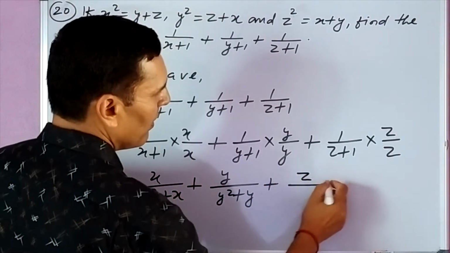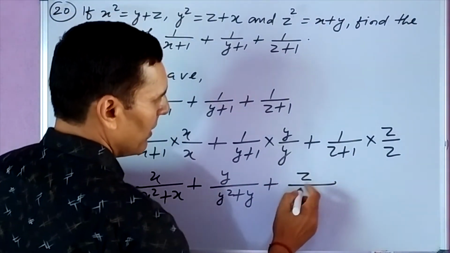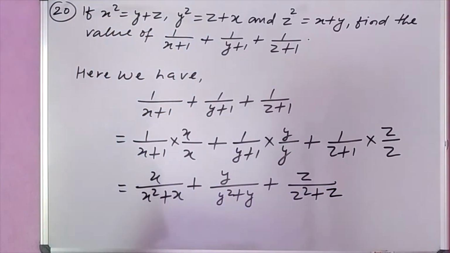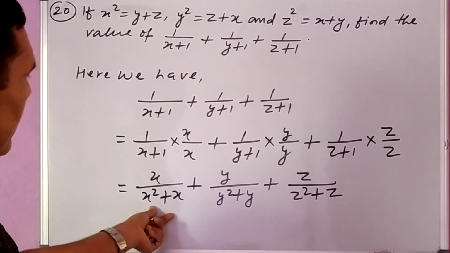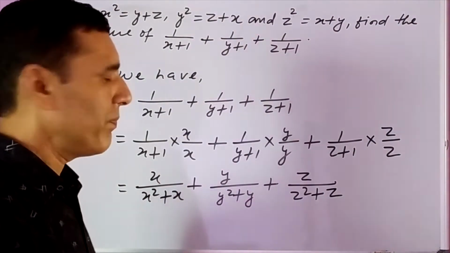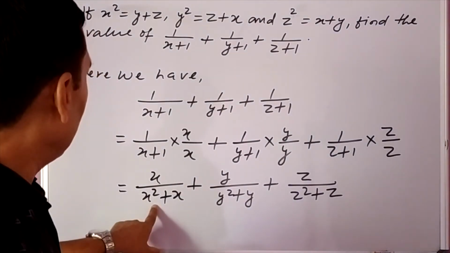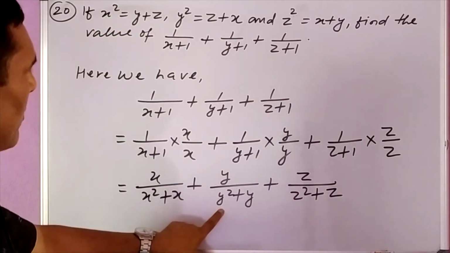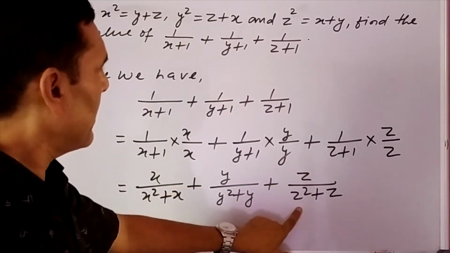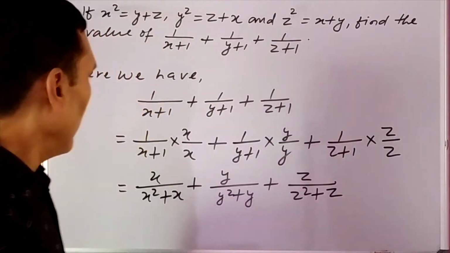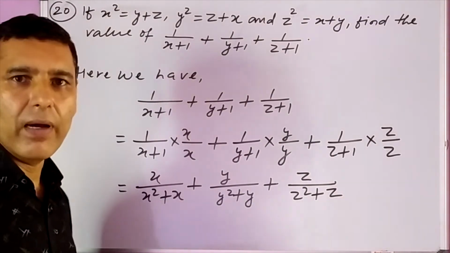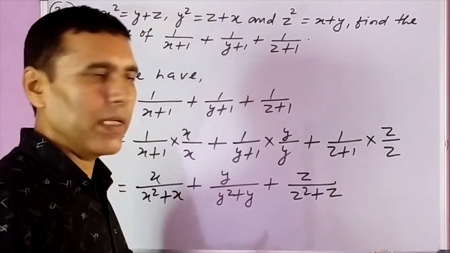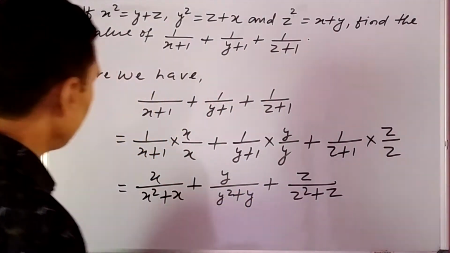Here it is z upon z plus 1 into z, z into z, z square, z into 1, it is z. Now we have this x square, y square and z square in the expression, because this x square can be replaced by y plus z, this y square is replaced by z plus x, this z square can be replaced by x plus y. When you replace the values of x square, y square and z square, we will get the same denominator. So when you get the same denominator, we can take LCM easily and we can get the value of this. This is the technique.